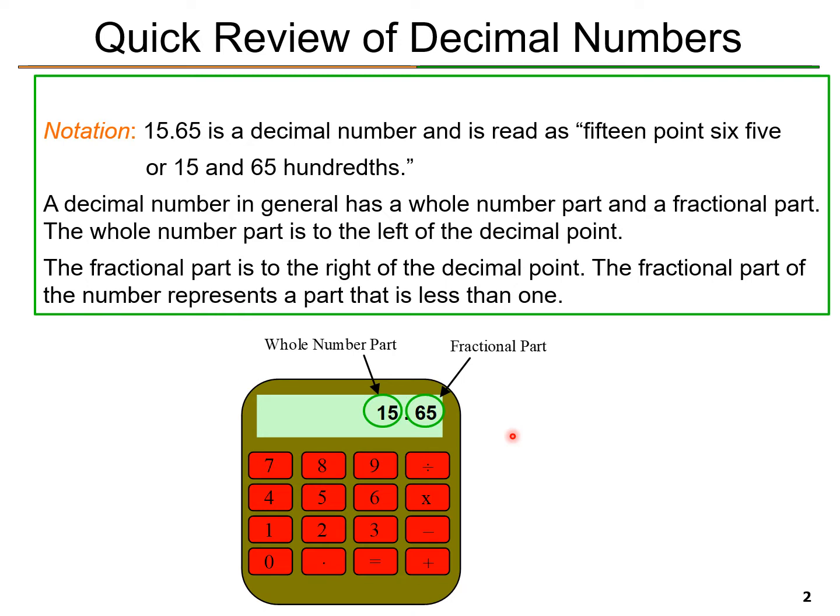The whole number part is to the left of the decimal point. The fractional part is to the right of the decimal point. The fractional part of the number represents a part that is less than 1. It's a piece of a whole.